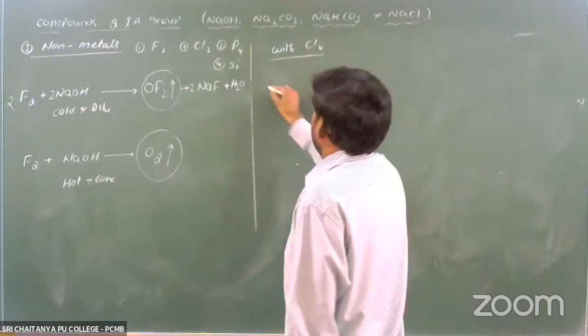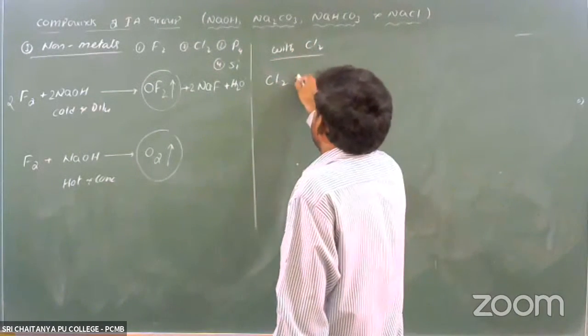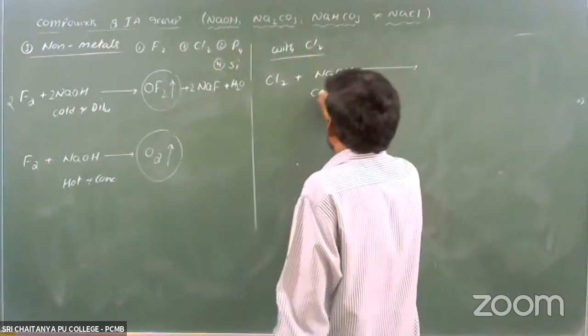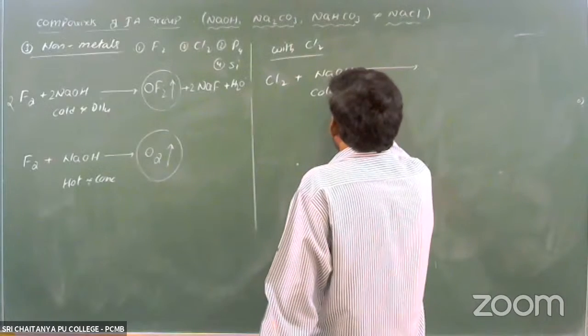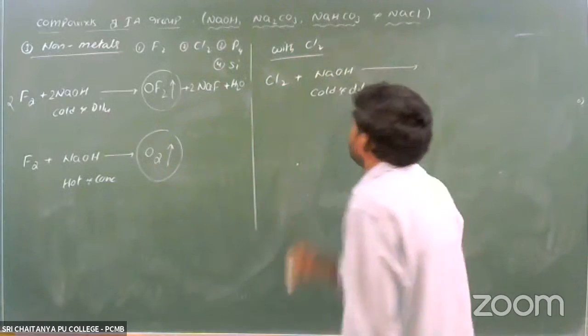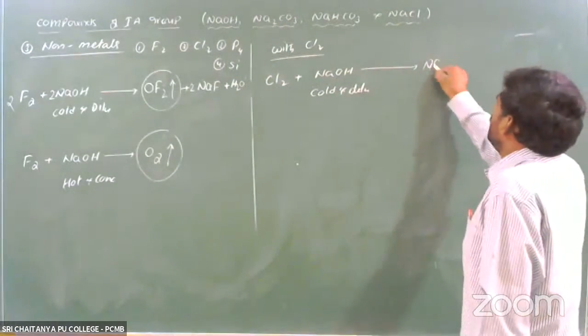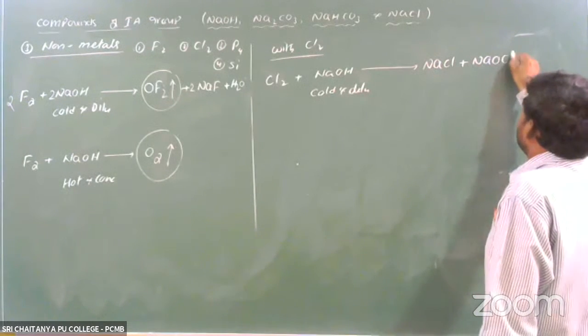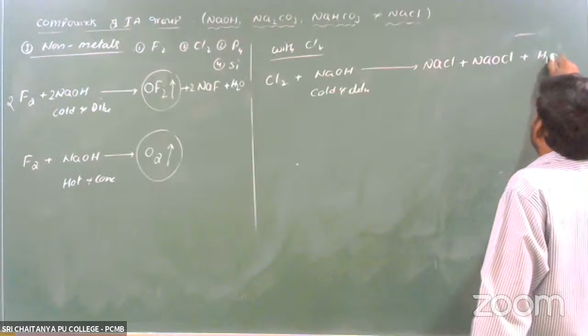Here, chlorine reacts with cold and dilute sodium hydroxide. It forms sodium chloride, sodium hypochlorite NaOCl, and water.